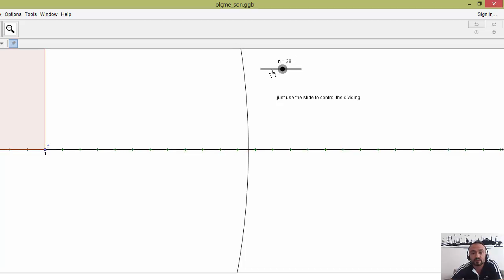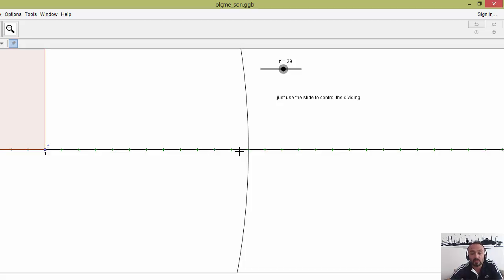Let's go on searching. 29 partitions, I think, is okay. The length of the diagonal is 1 unit plus 1, 2, 3, 4, 5, 6, 7, 8, 9, 10, 11, and 12 times 1 over 29 times 1 over 12.